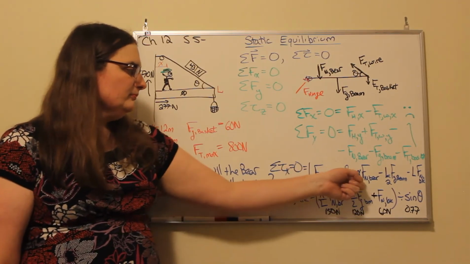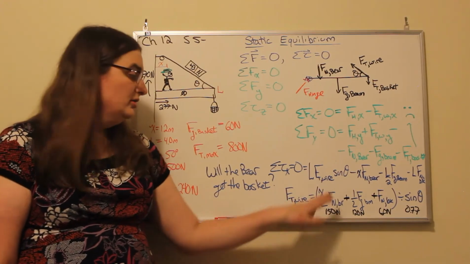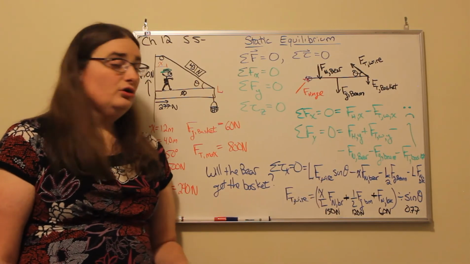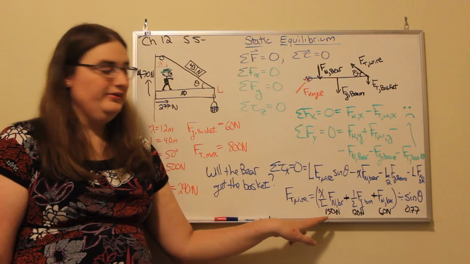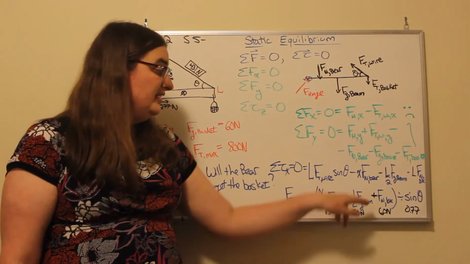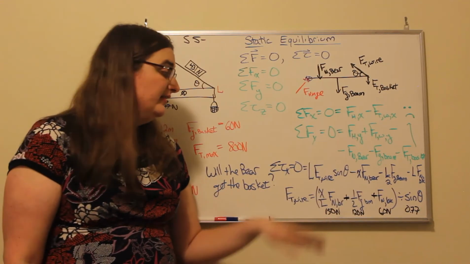If I set this equal to 0 and solve for the tension in the wire, it would be my distance x, the location of the bear, divided by the length of the beam, times the normal force from the bear: 1.2 meters over 4 times 500 newtons means I'd have 150 newtons there. I'd have half the weight of the beam, or 120 newtons, and I would have 60 newtons, the force from the basket.